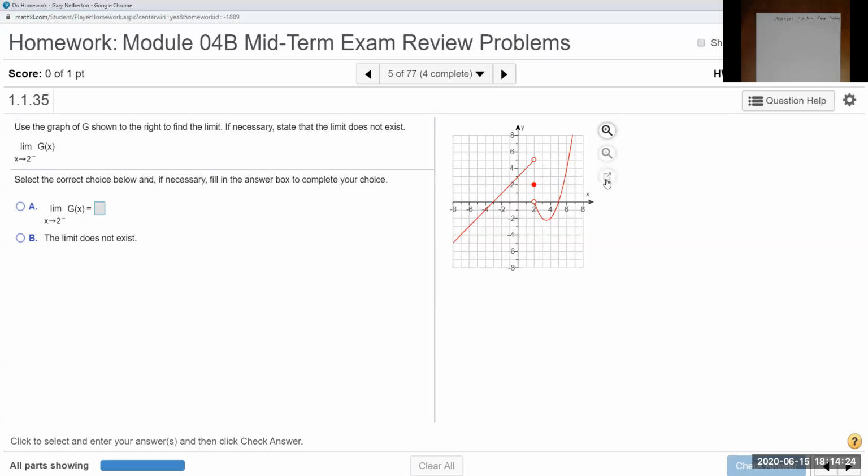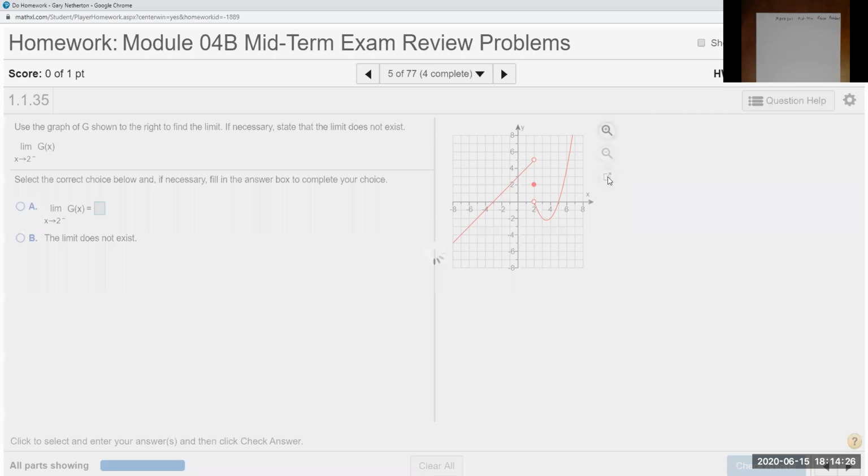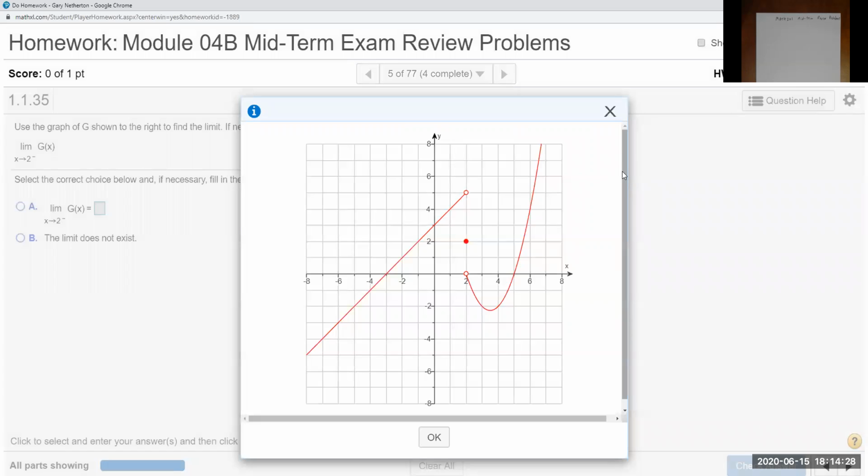So if I enlarge my graph, as x approaches 2 from the left side, well, here's x equals 2. From the left side, you can see it's increasing. And as I get closer and closer to x equals 2, what is my function approaching? Even though there's some goofy stuff going on at x equals 2, I'm not concerned with the actual value of the function when x is 2.